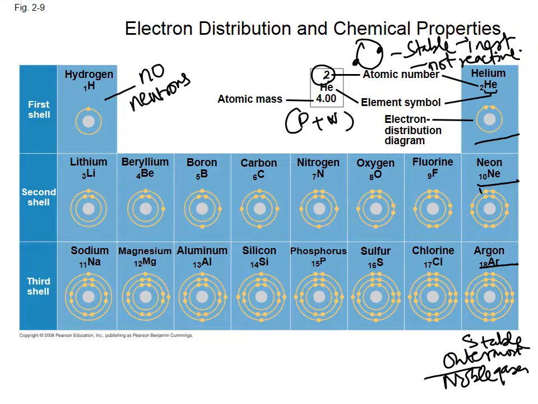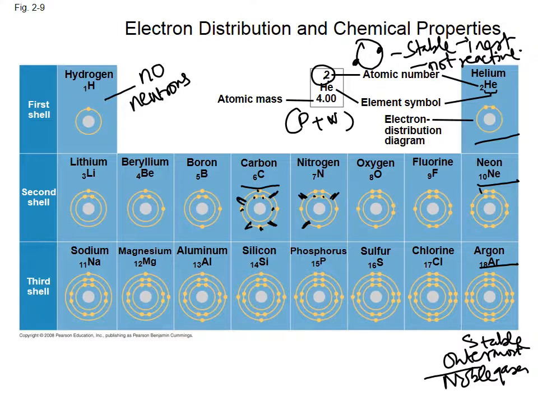Whereas carbon, in the first orbital it has 2, in the second orbital it has 4, so it requires 4 more to be stable. Nitrogen has 2 in the first orbital and 5 in the second, so it needs 3 more to become stable.